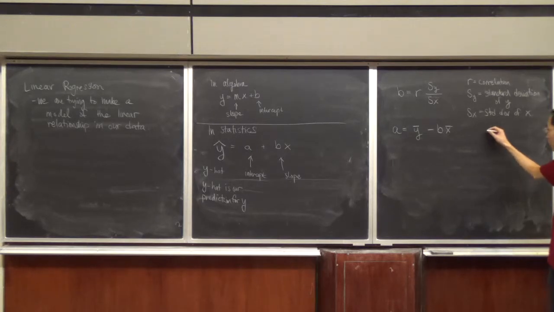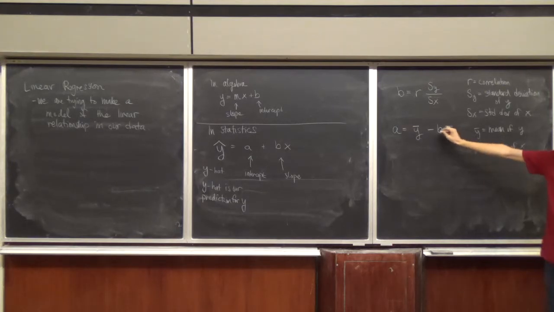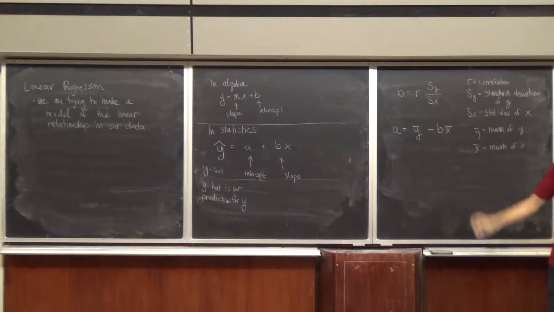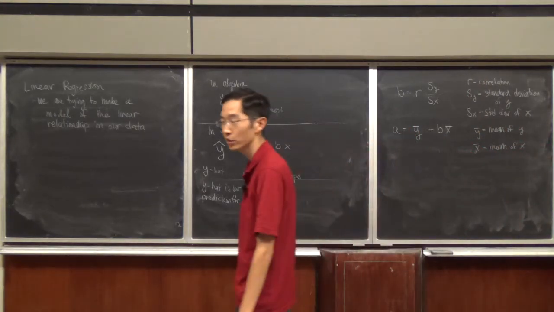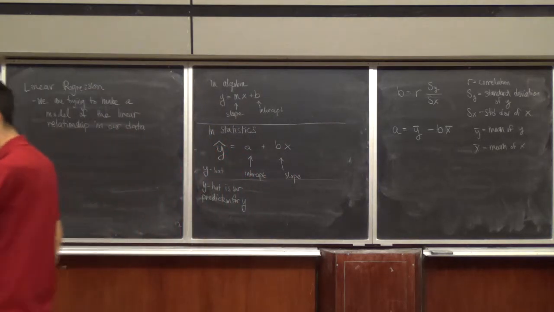Mean of y, great. X bar is our mean of x. And what is b? Slope. B is the slope that we found in the previous part of the problem. So you have to find the slope first, and then you can find the intercept.